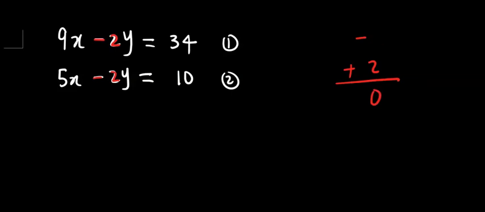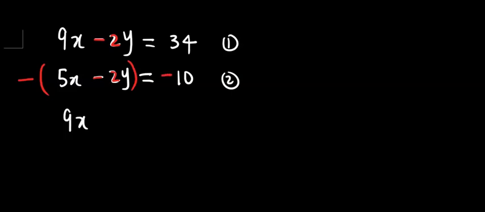Earlier, we simply added. Now, we're going to subtract. Let's see what's going to happen if we subtract. I'm going to use the first equation, subtract the second equation. So we do baby steps. I'm going to copy down 9x minus 2y equals 34.